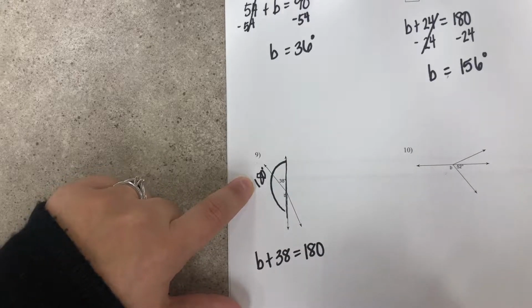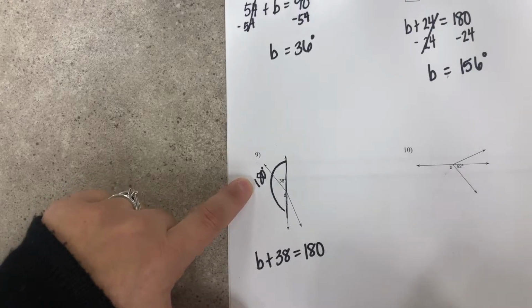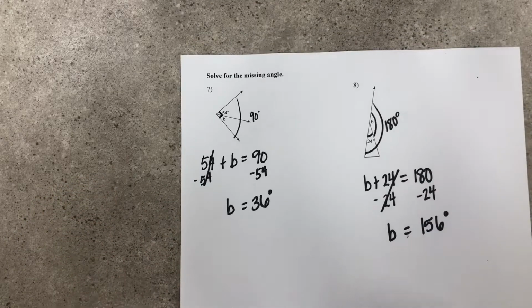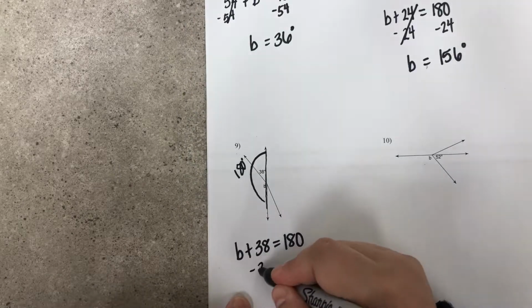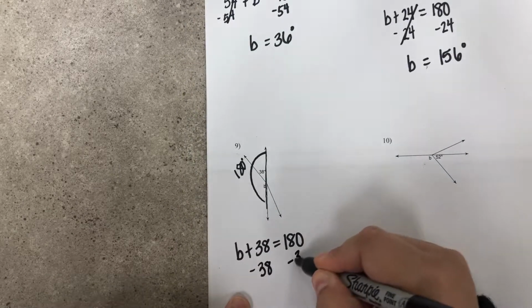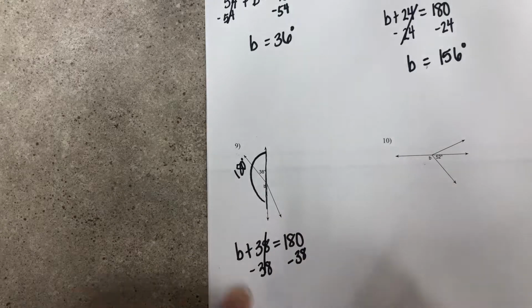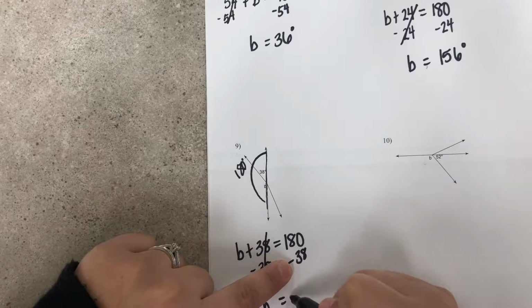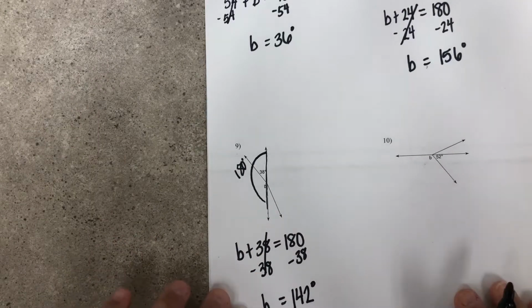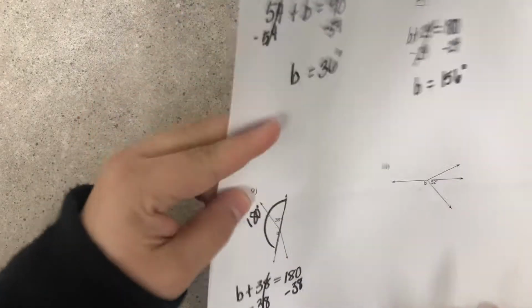So what does B equal? Well, easy enough, same thing we just did on the last one. I'm going to subtract 38 from both sides. I end up with B equals 180 minus 38, which gives me 142.